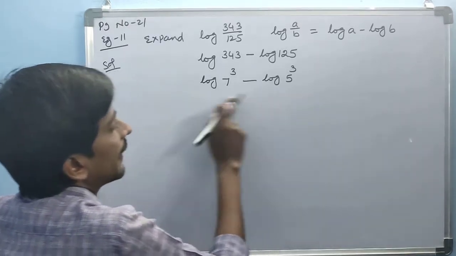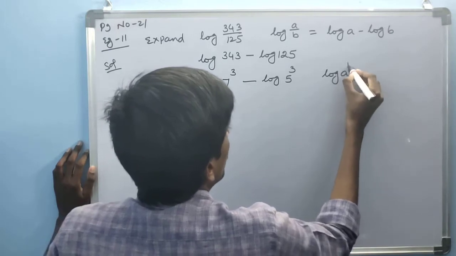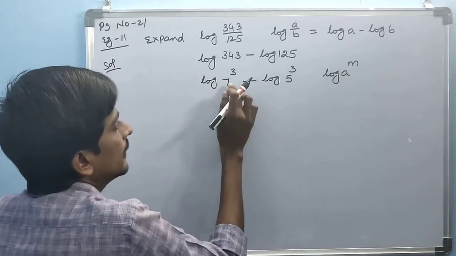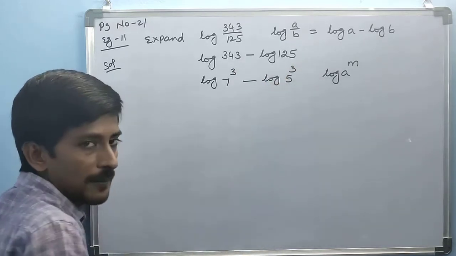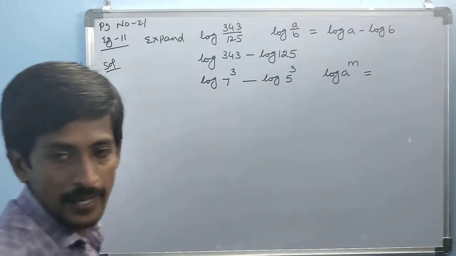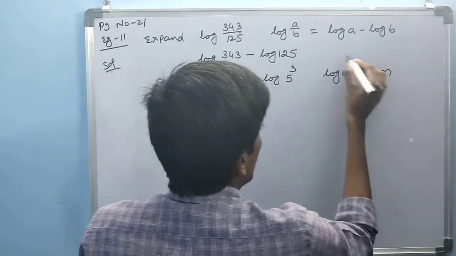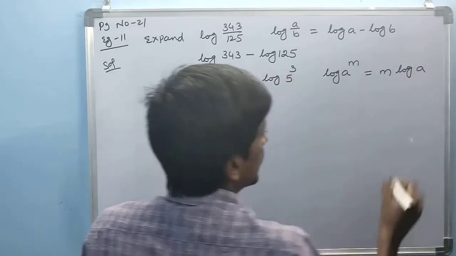So here is another formula, log a to the power of m. What is the formula of log a to the power of m? It is m log a. The power is transferred to the front.